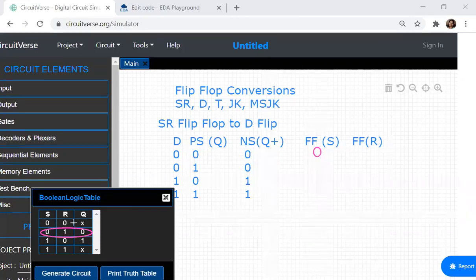Previous state is 0, next state is 0 means a no change condition. When the no change condition is happening, what are the S and R values? S and R values are 0, 0. Now, two cases are there: when it is 0, 0 or when it is 0 and 1.